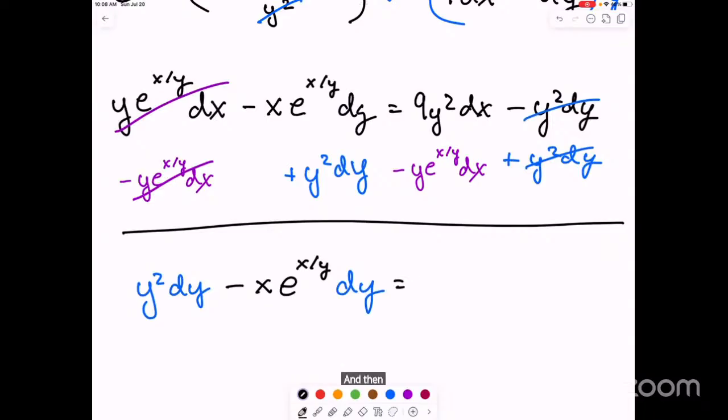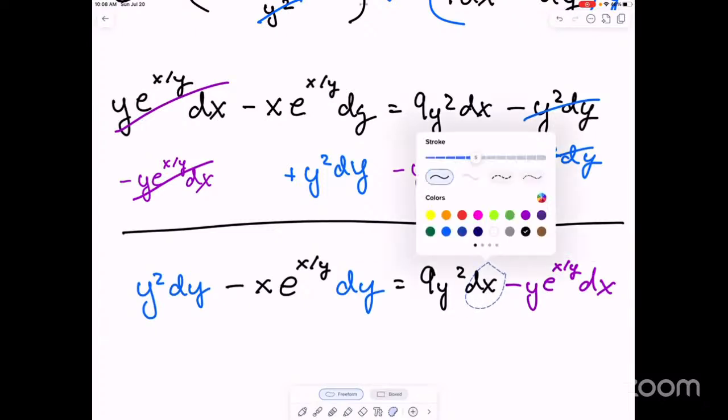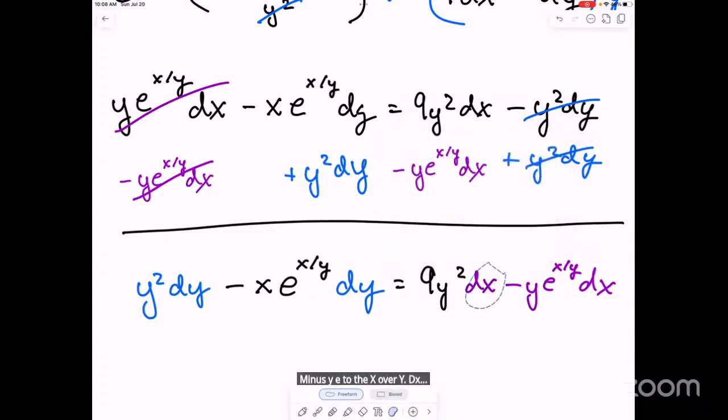And then on the right, it looks like we have this 9y squared dx minus y e to the x over y dx. Notice we have our dx's on the right, our dy's on the left.